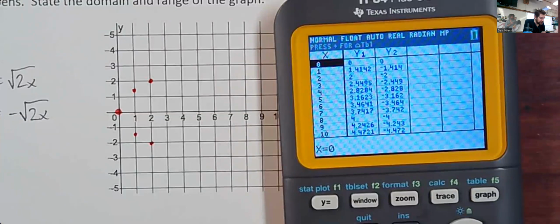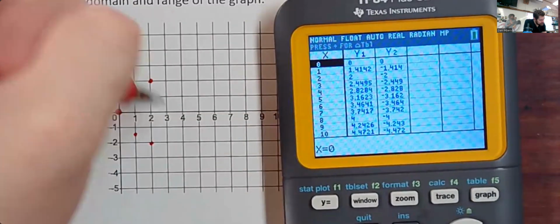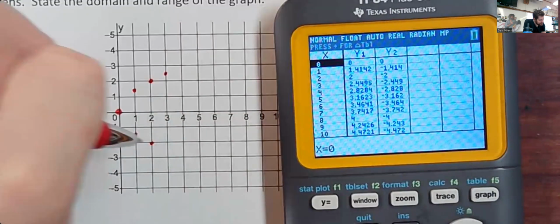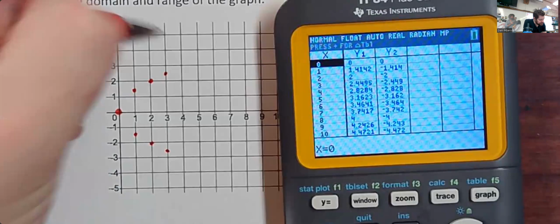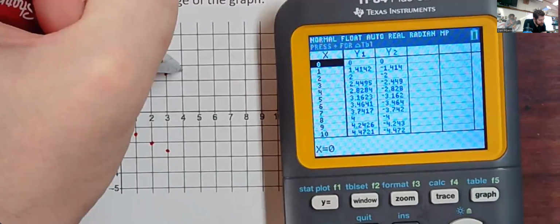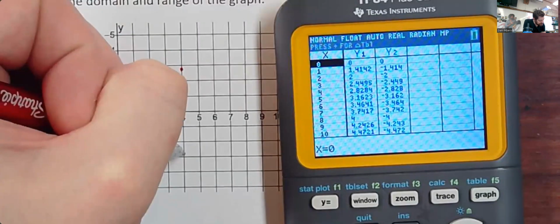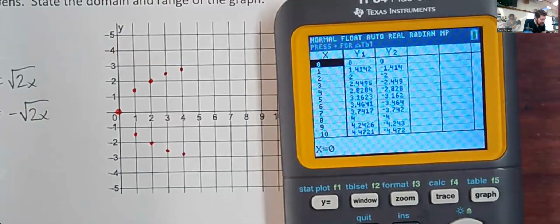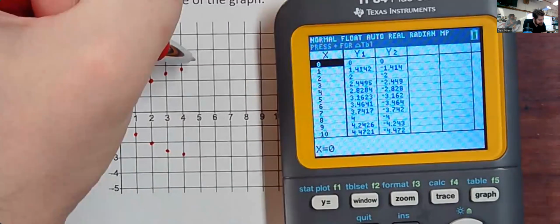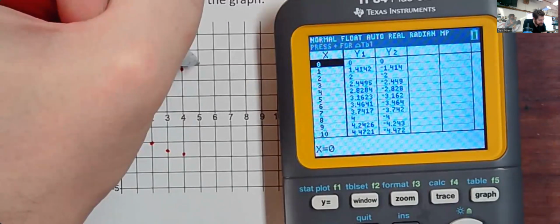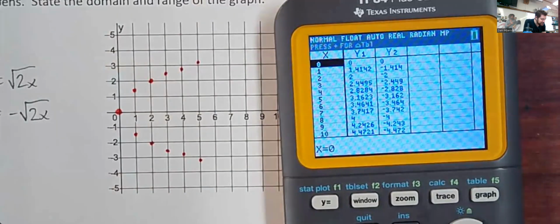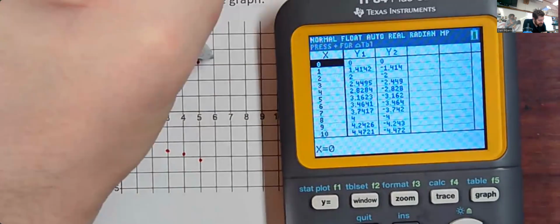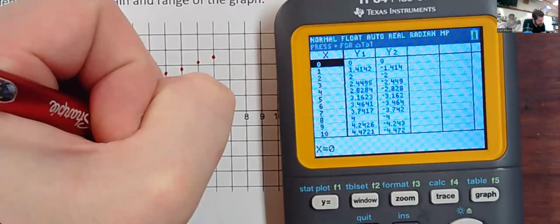Let's see, 3, 2.45. Almost 2.5, almost -2.5, 2.82 for 4, a bit higher there, -2.82 about there. Let's see, 3.16 and -3.16, so that's about here and here for 5. 3.46, so that's about 3.5, and about -3.5.